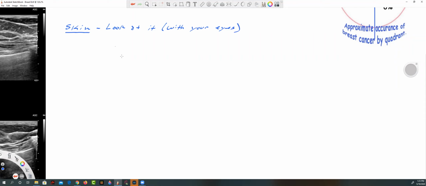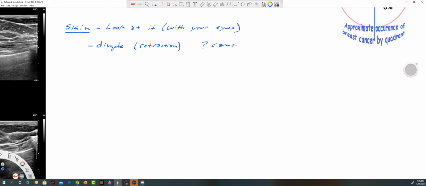Sometimes we learn about a patient from what their skin looks like. Unusual, especially if the patient has no memory of it being there before, a dimple or some kind of retraction of the skin is suspicious.